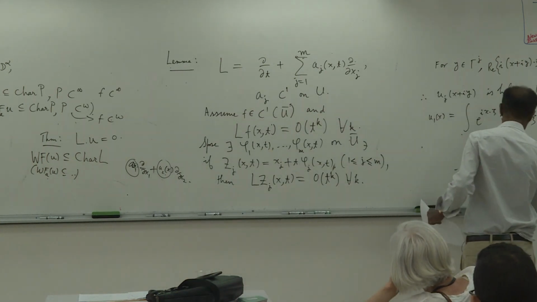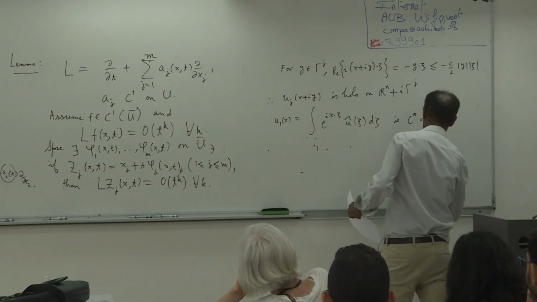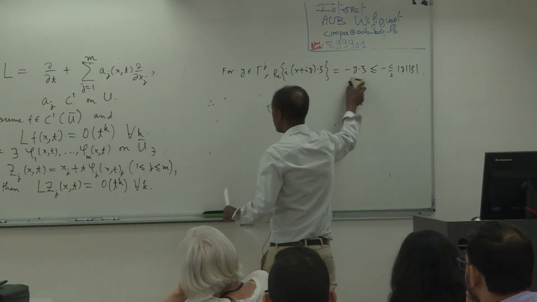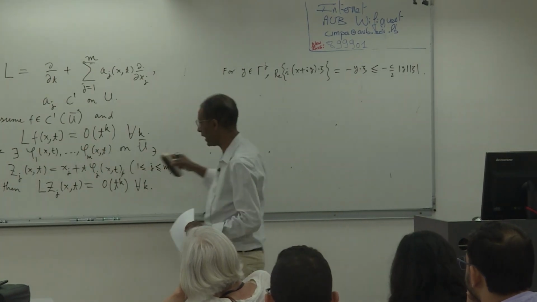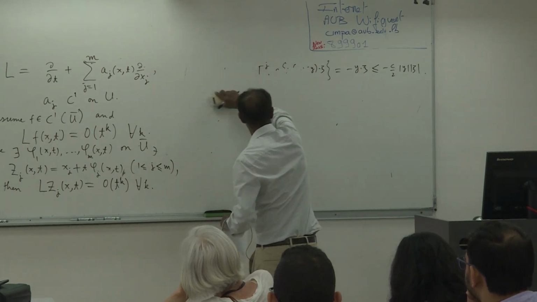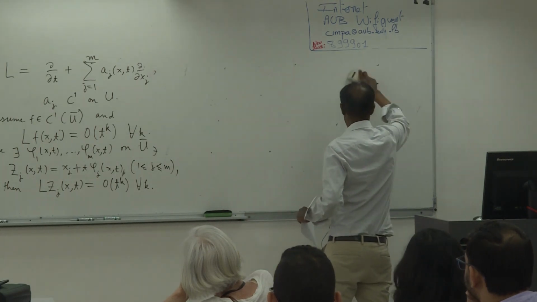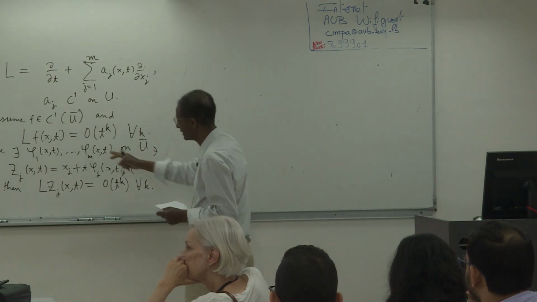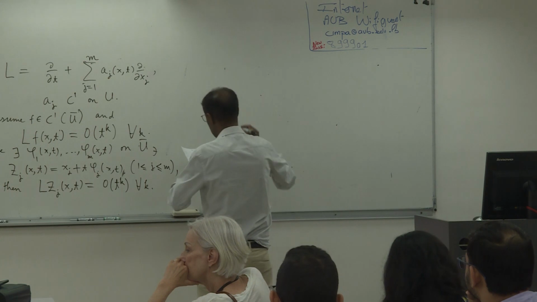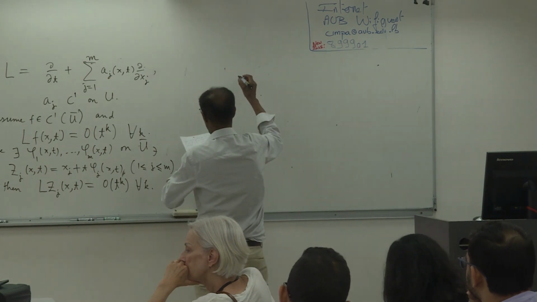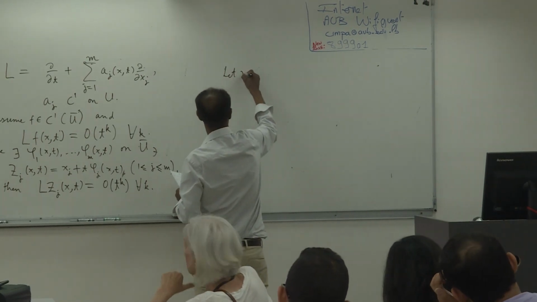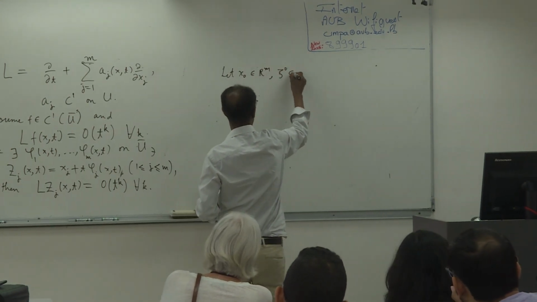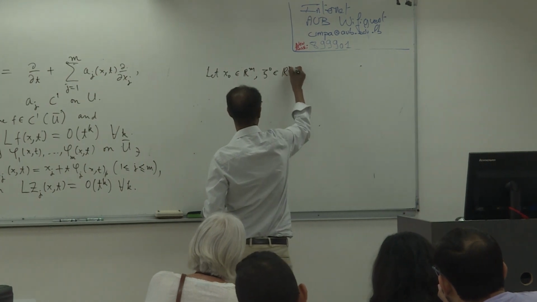Now, an assumption about being not in the characteristic set of L. I want to study the regularity of this f. Lf, for example, could be 0, but this is even more general. Lf doesn't even have to be 0. So fix a point in Rm and a direction c naught in Rm also.